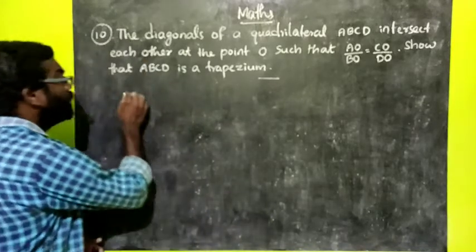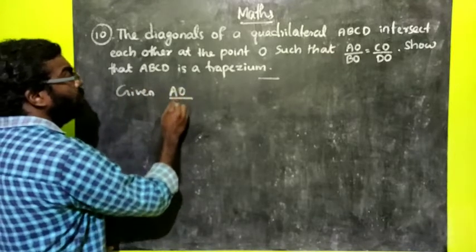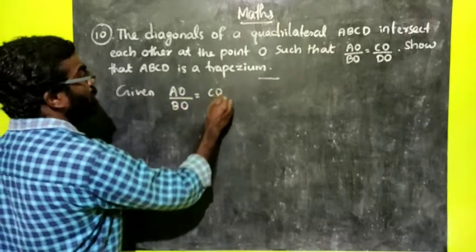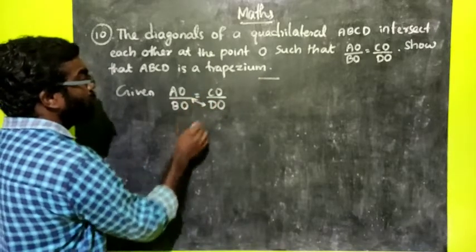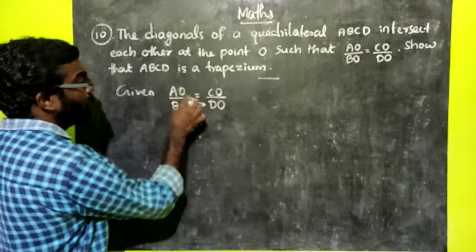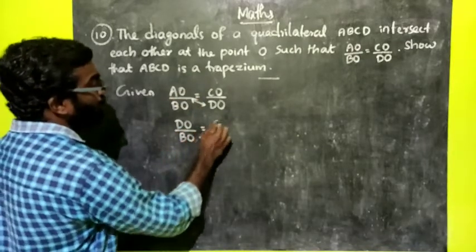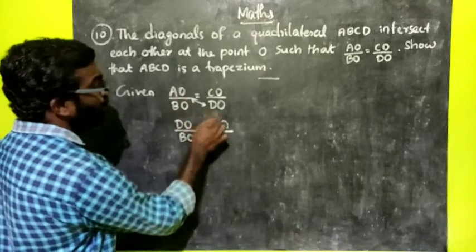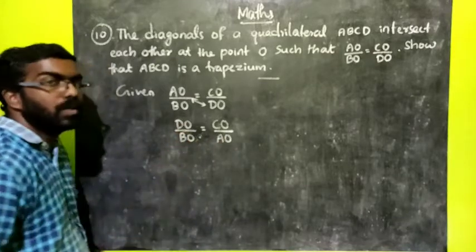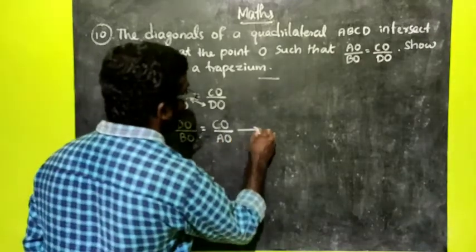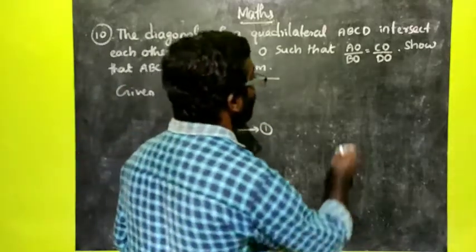Okay. So given AO by BO is equal to CO by DO, we can rewrite this one. Cross DO to the numerator: DO by BO is equal to CO by AO, with AO on the denominator. Okay, DO by BO is equal to CO by AO. Take it as equation number 1. Here we have to consider the quadrilateral.